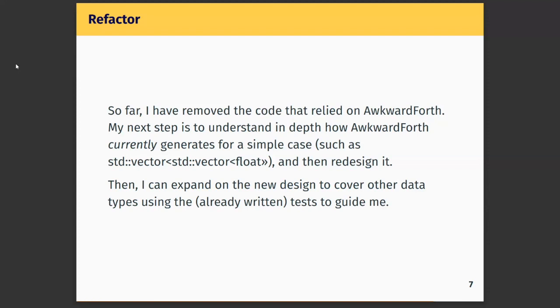I've identified the boundaries of AwkwardForth, all the areas of the code that relied on it, and I have been able to remove them. So I have a version of the code right now that does not use AwkwardForth code generation at all. It uses the pure Python implementation. My next step is to go back to the version of the code that does have AwkwardForth, the current release, and understand in depth how AwkwardForth currently generates code for a simple case, like the previously mentioned 2D vector of floats.